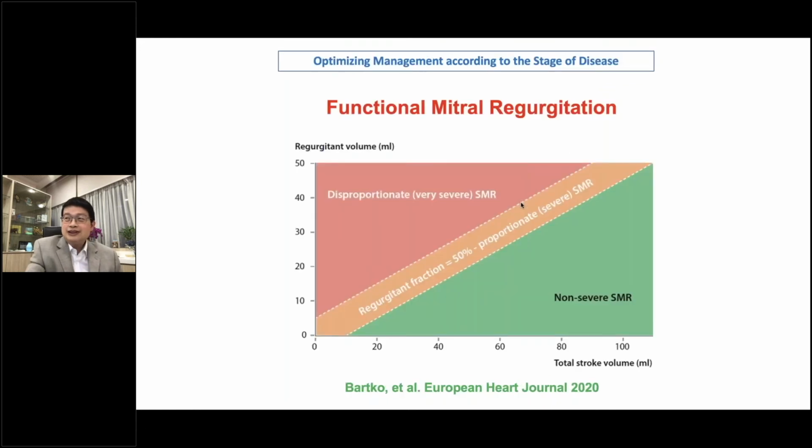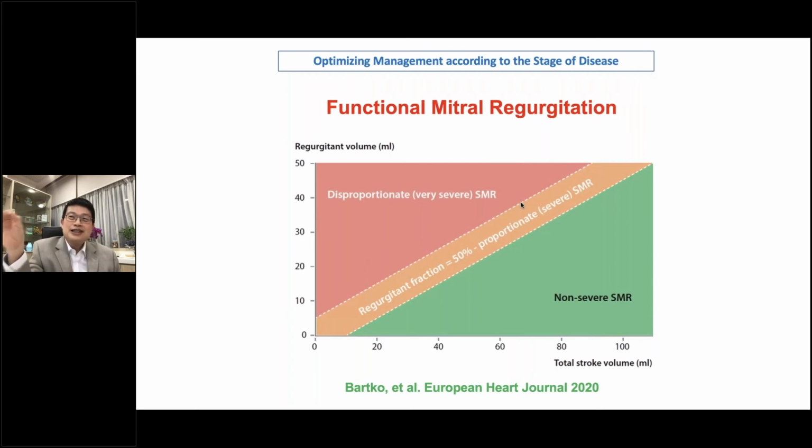So the differences in results from these two studies is almost certainly due to different selection of patients, and it is thought that we have to look at a few parameters, and that functional mitral regurgitation is a bit more complex than just randomizing all these patients to medical treatment or intervention of the mitral valve.